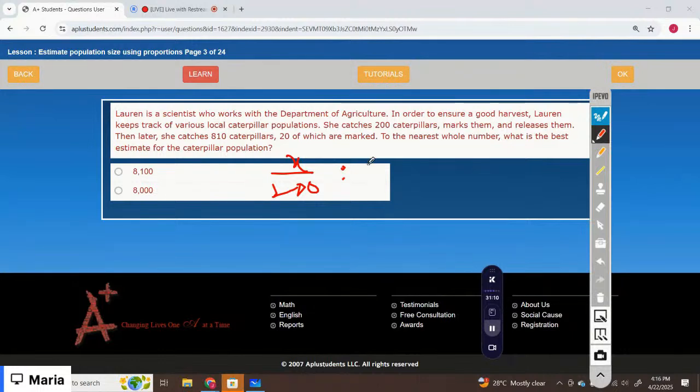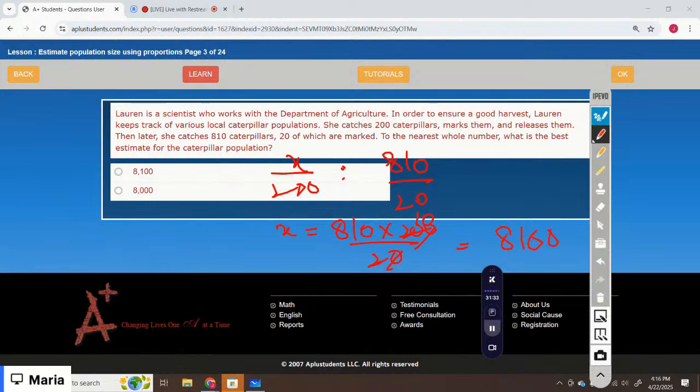She catches 810 caterpillars, 20 of which are marked. So 810, and 20 of them are marked. So you need to calculate the total population, right? So x equals 810 times 200 divided by 20. That is 8,100.